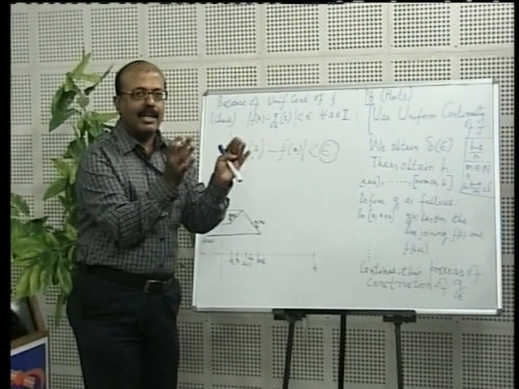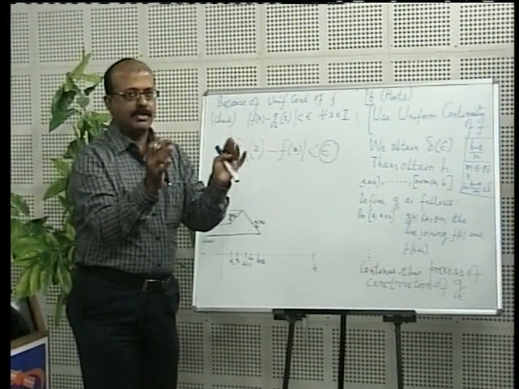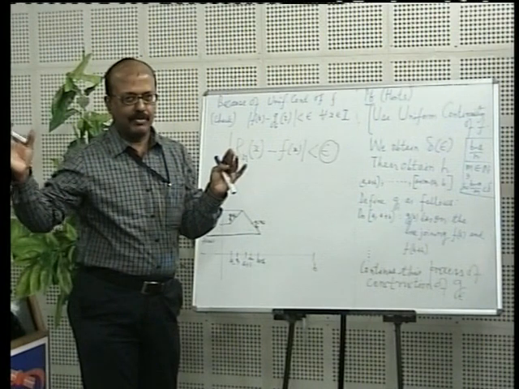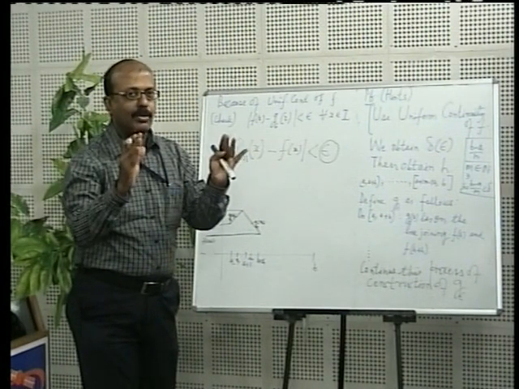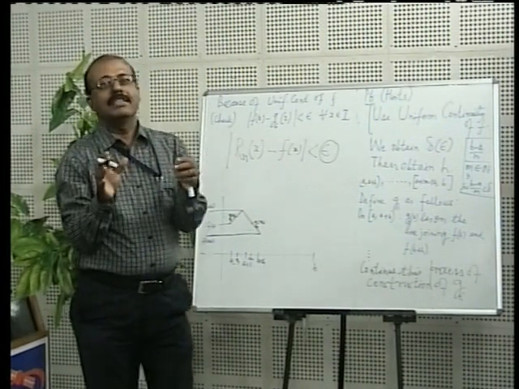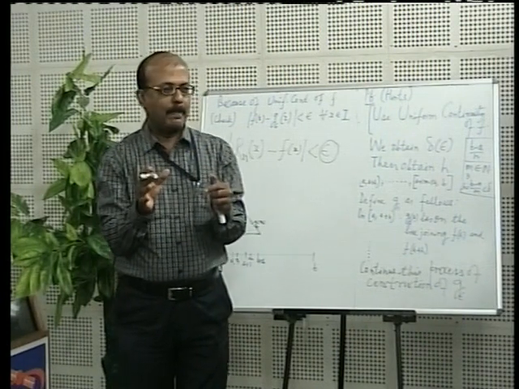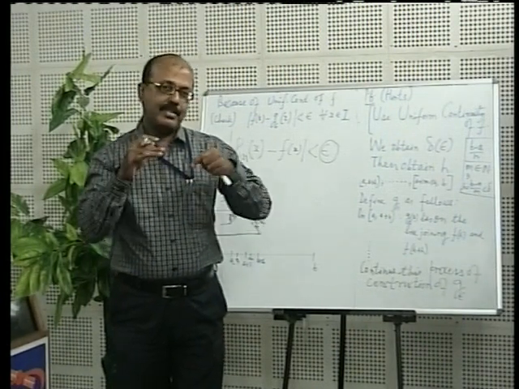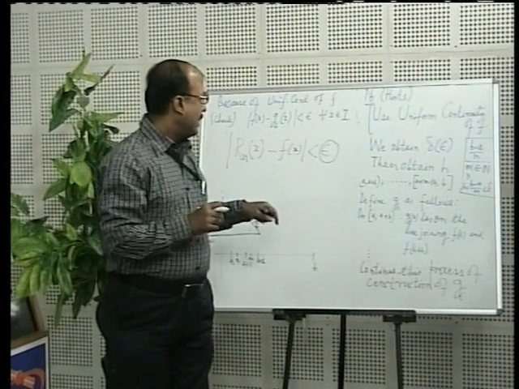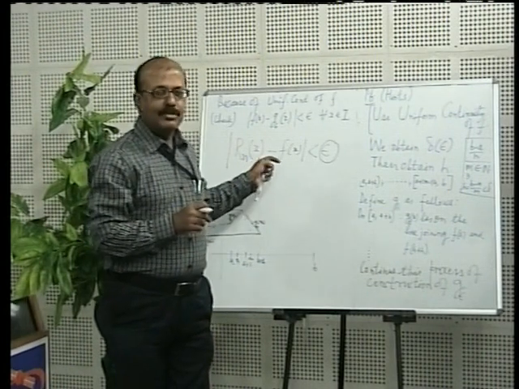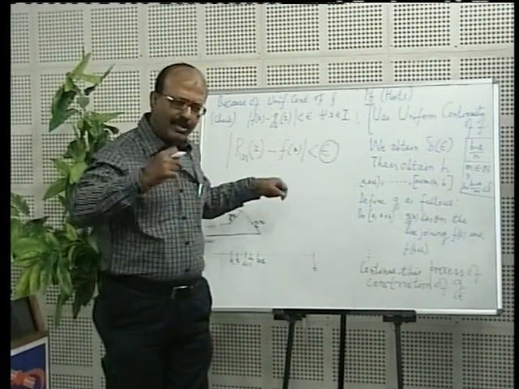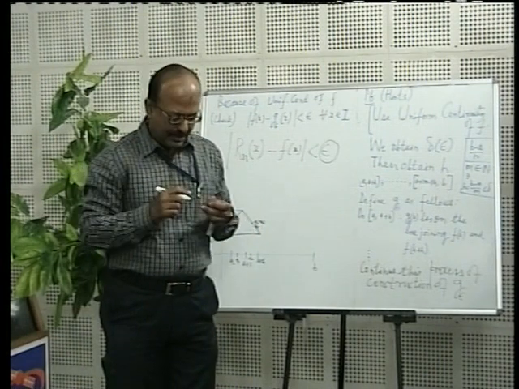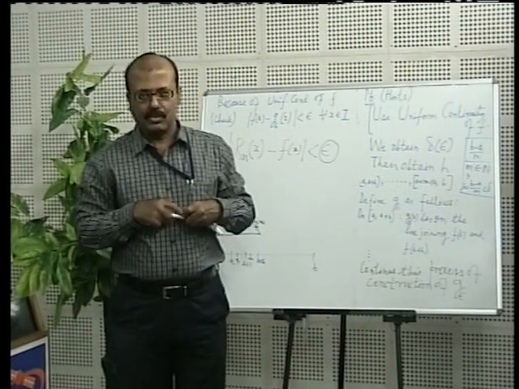So the first n terms, what is it, just a polynomial, right? So you are saying that a polynomial can be made as close as you wish to a function f, provided you are putting so many conditions, it is differentiable so many times and so on and so forth.